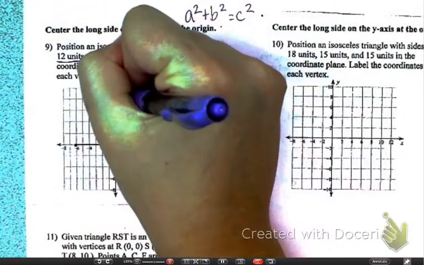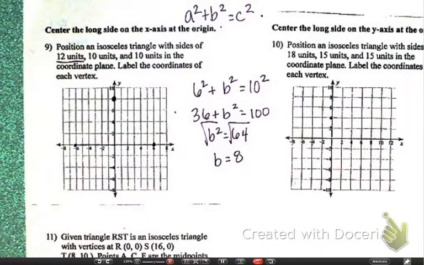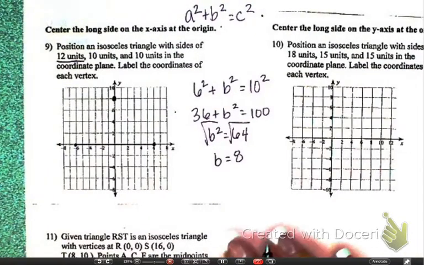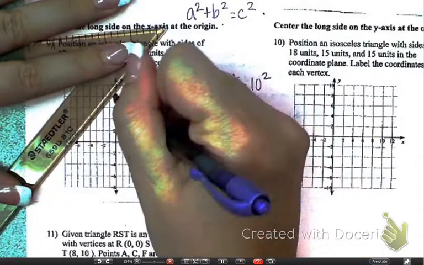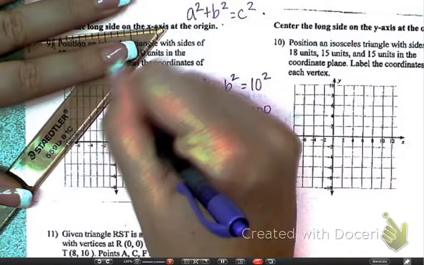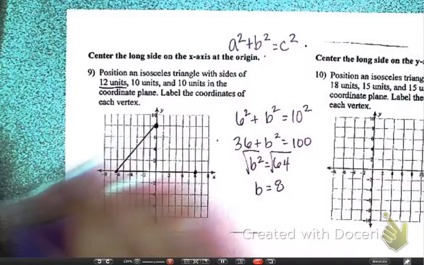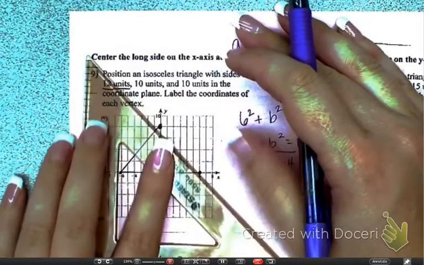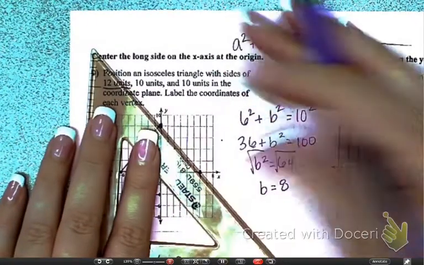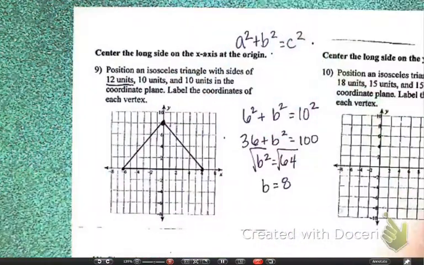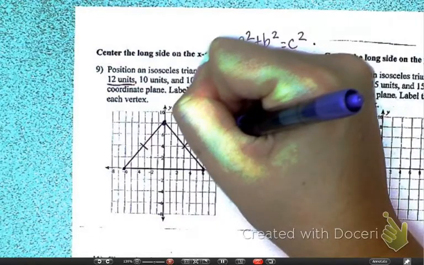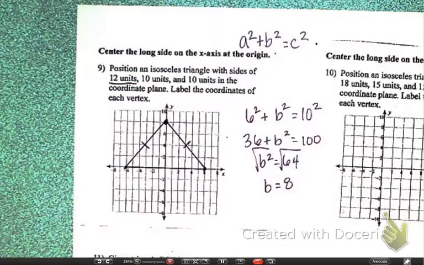That means I can place a point at 8, and now this distance has a length of 10 units. This has the length of 10. These two sides are the congruent sides. That's my isosceles triangle.